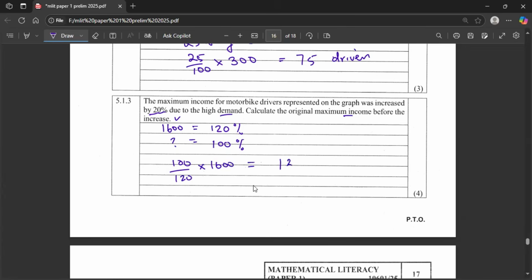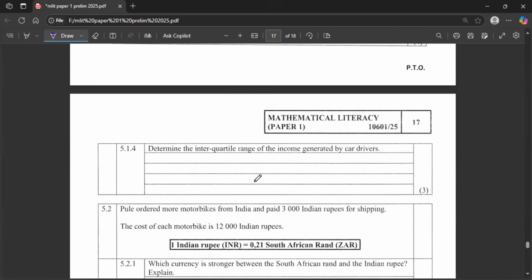I'm getting 1,333.33. So this was originally the smallest amount. If you multiply it by 1.2, you'll get to 1.6. All right, so that is what I'm getting with 5.1.3.